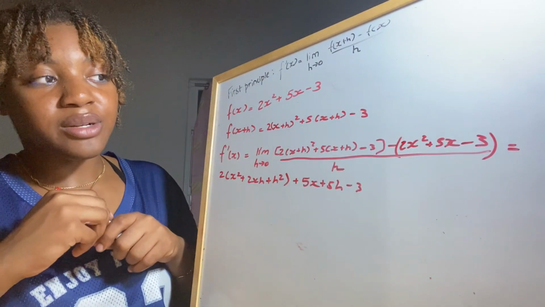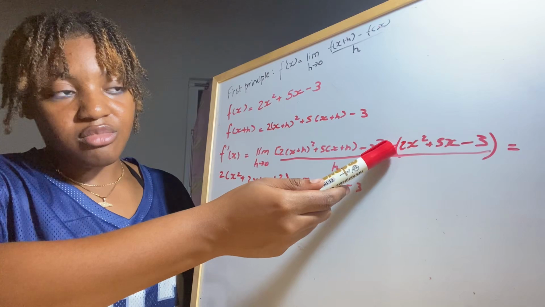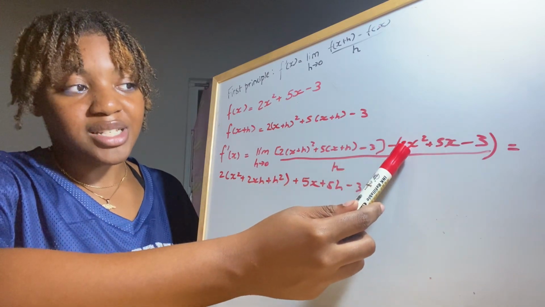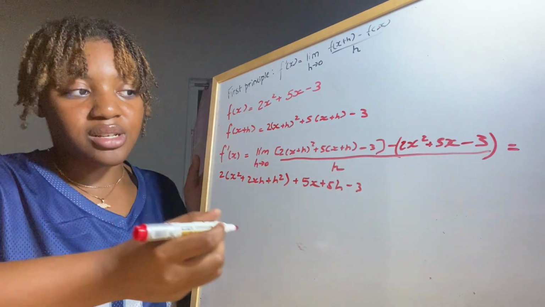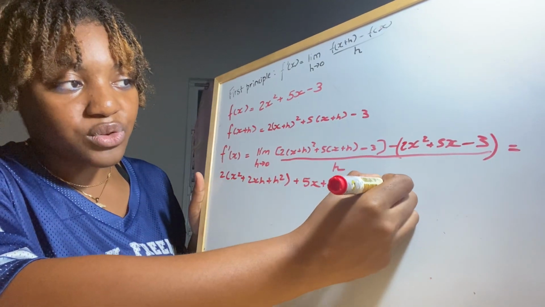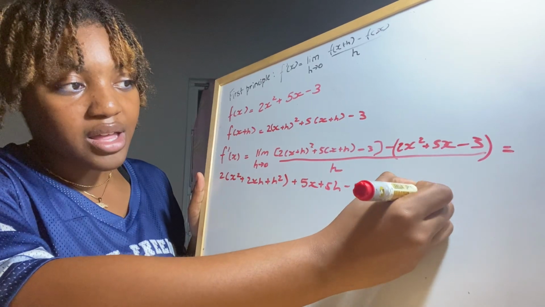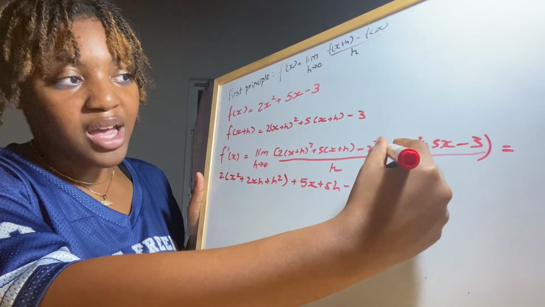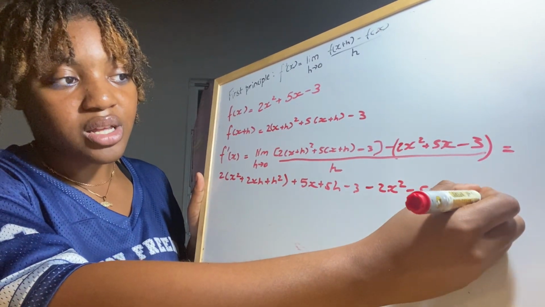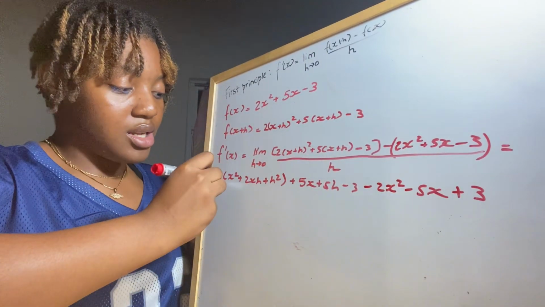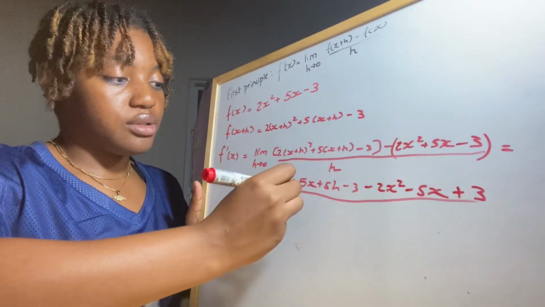And right here, there's a minus, so all of the signs would change to the opposite sign. So here, we're going to have minus 2x squared minus 5x, and minus times minus would give us plus, and then we'll have the 3. All of this is going to be over h.